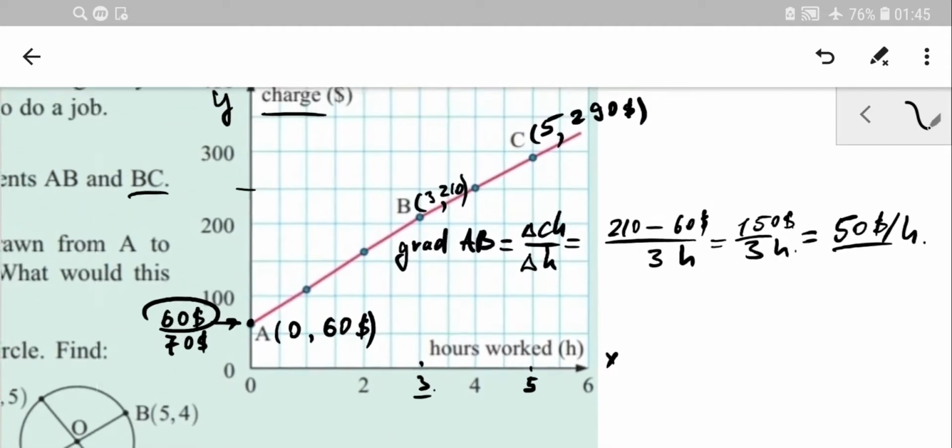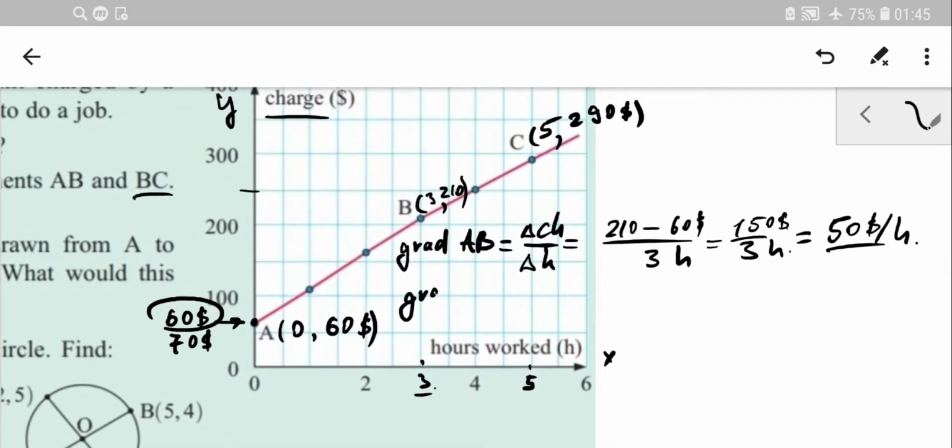So the gradient for the line BC: I'll have the difference 290 minus 210 in dollars, divided by the change from 3 to 5, which is 2 hours.